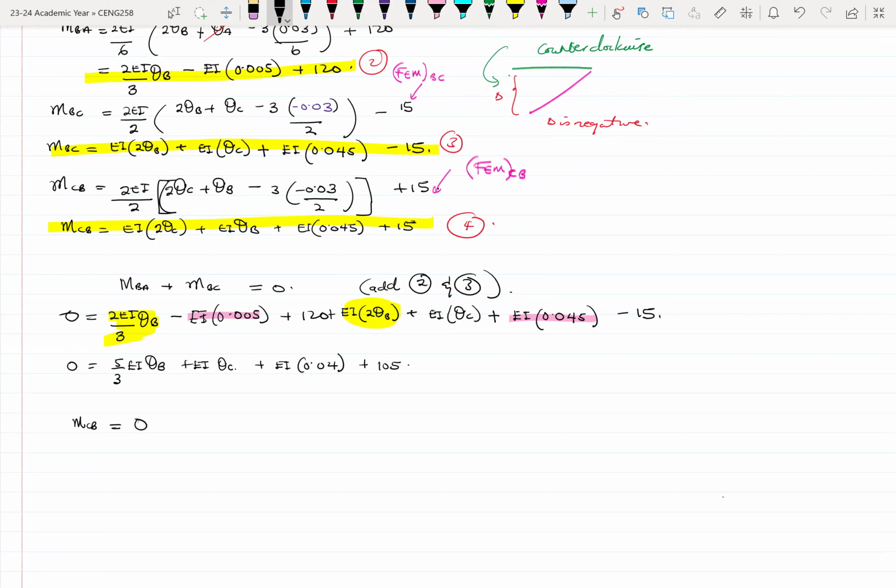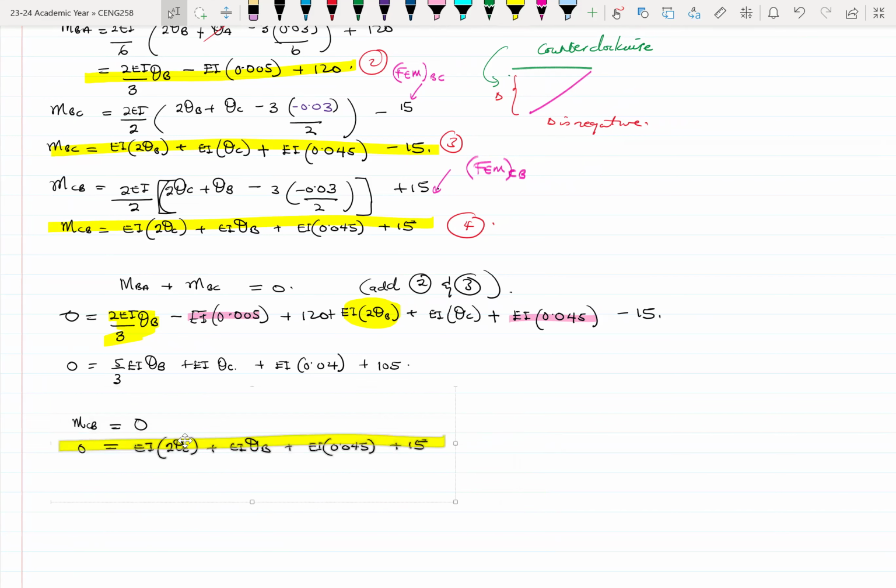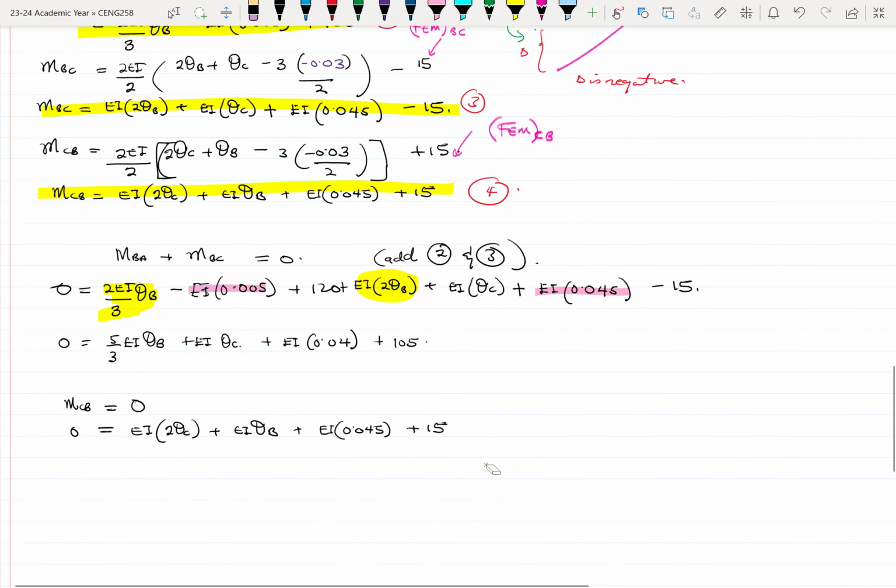So we have already established that, which means that I can rewrite this as 0 is equal to, again, just copy the whole thing here. So yeah, MCB is equal to this.